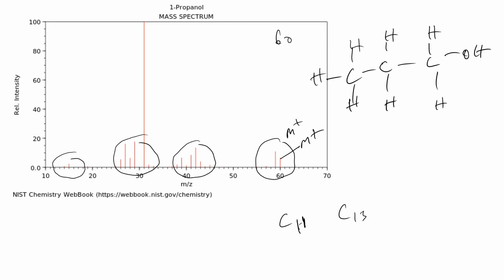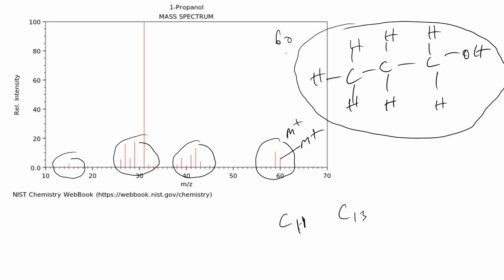So now we've identified the mass of this compound, this structure here, to be 60. Now let's number our carbons 1, 2, 3.